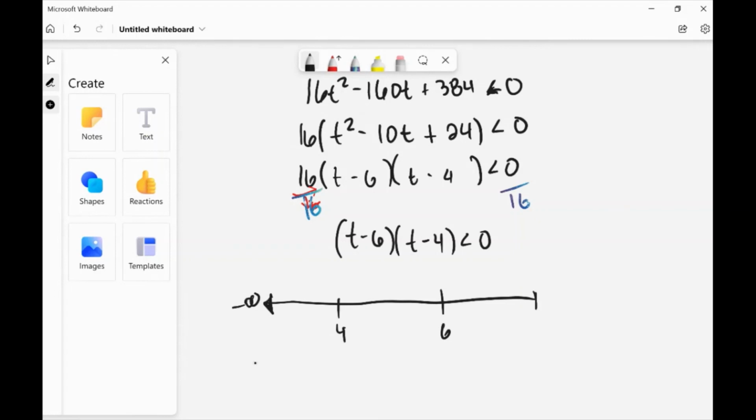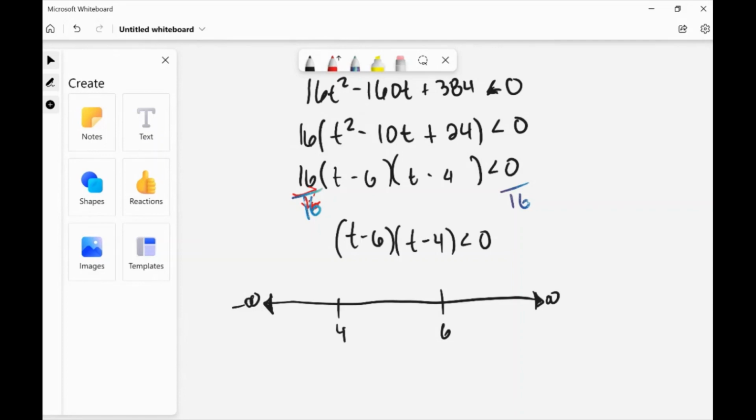We're going to test. I want y'all to test and tell me, what do you get for the first interval, a positive number or a negative number? A negative number.